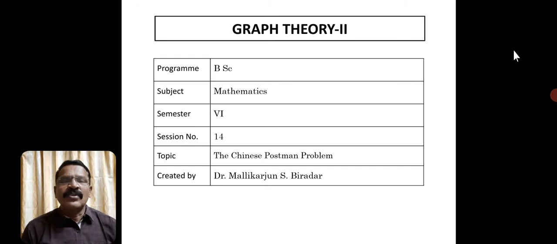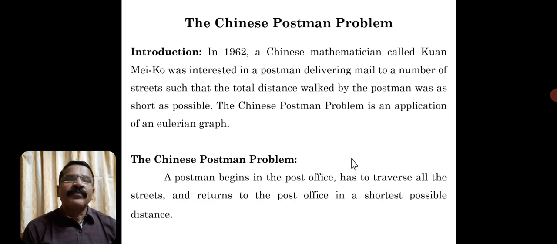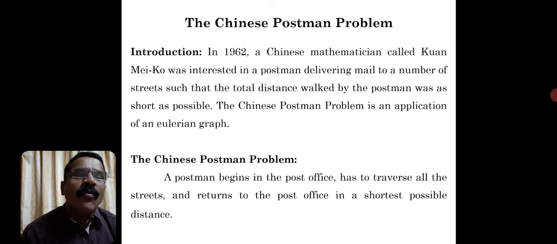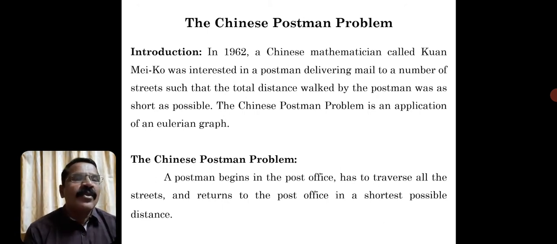Now today we are going to discuss the Chinese postman problem. Let me give some brief introduction about it. In the year 1962, a Chinese mathematician called Kwan Mei-Ko was interested in a postman delivering mail to a number of streets such that the total distance walked by the postman was as short as possible.